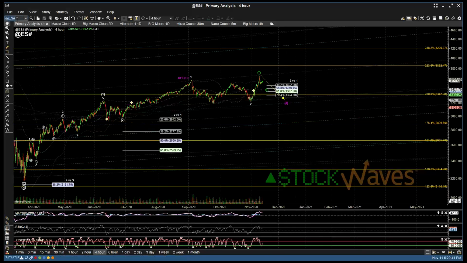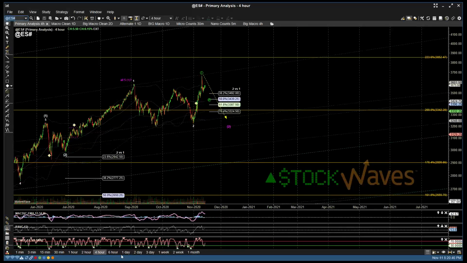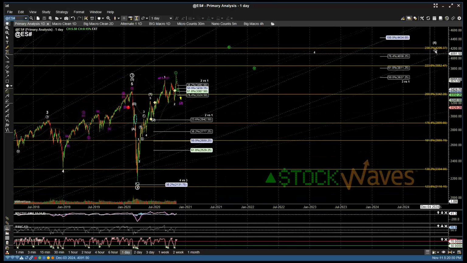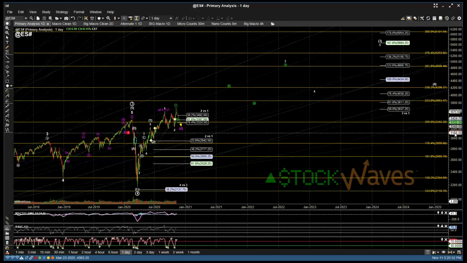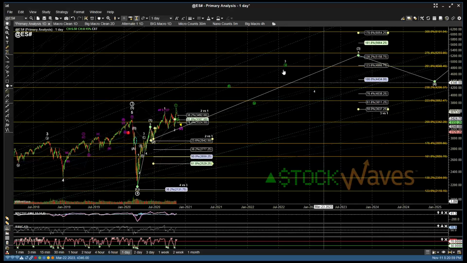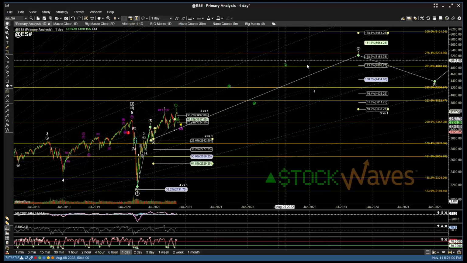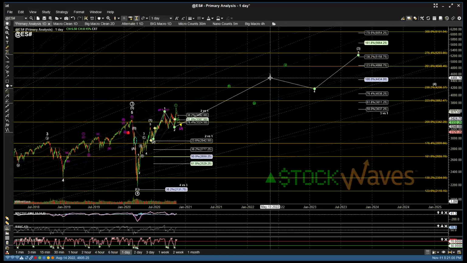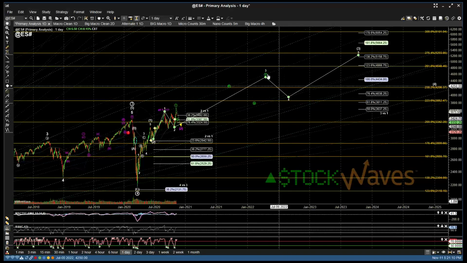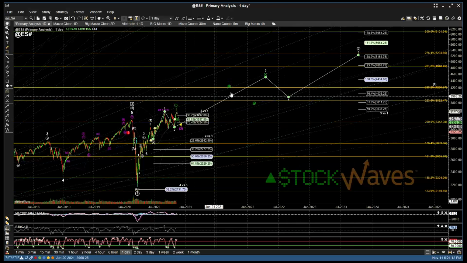I do want to show you guys a view with the ideal projected subwaves. I think if we move that wave 2 over a little bit, then it gives us a reasonable target here for the 1382 extension and a little bit more reasonable here at 4430s for the 100% extension where the 3 of 3 should target.